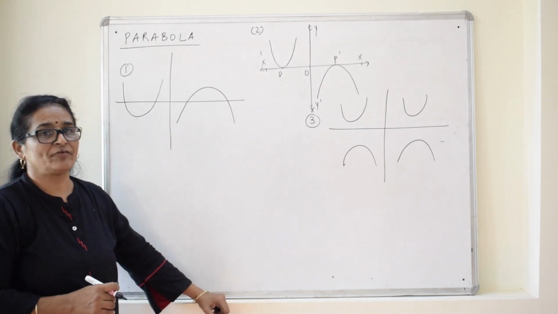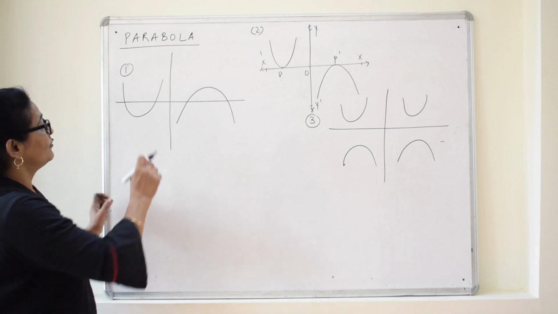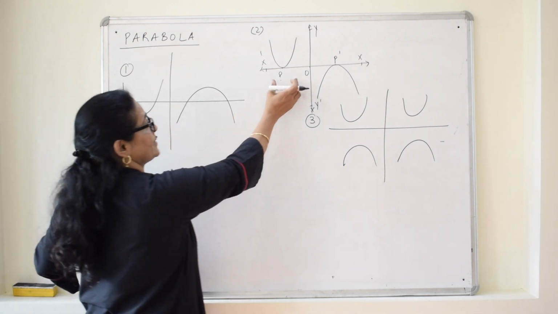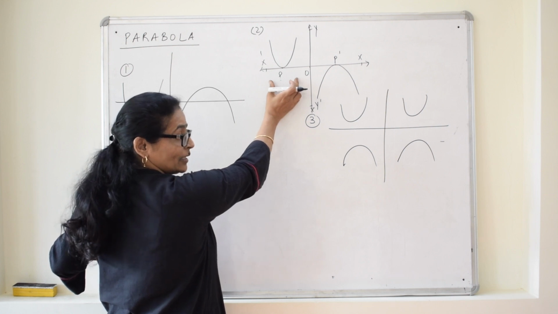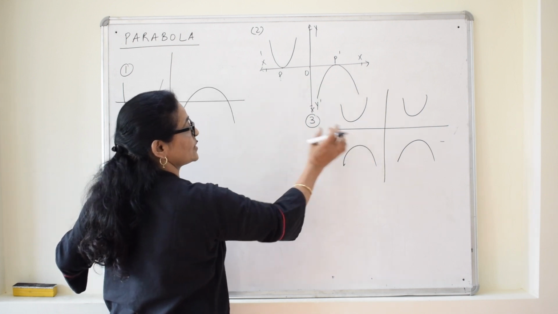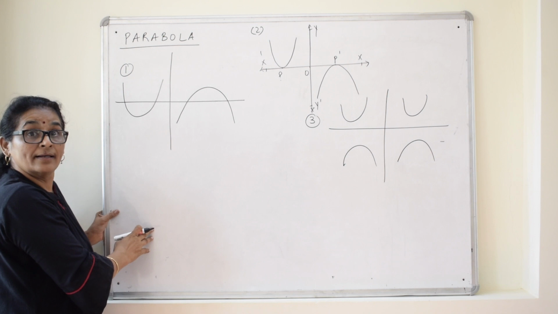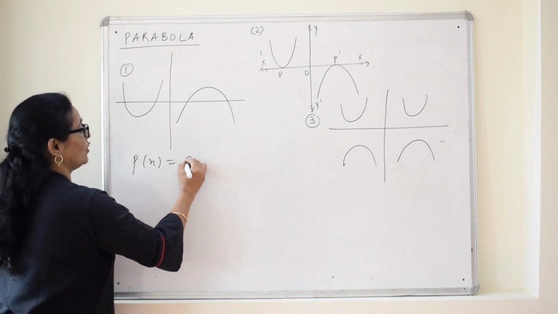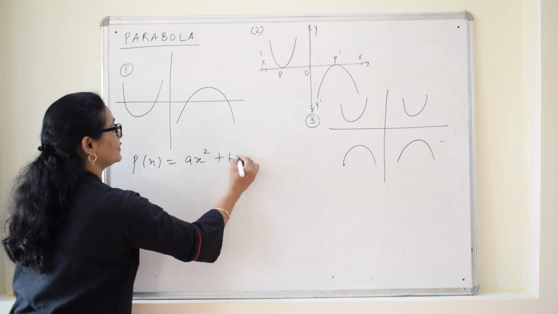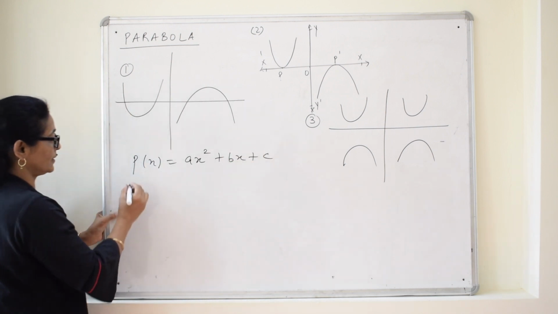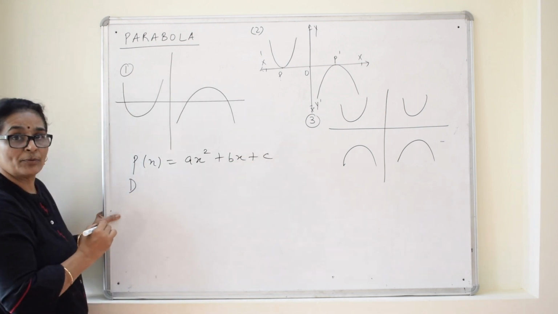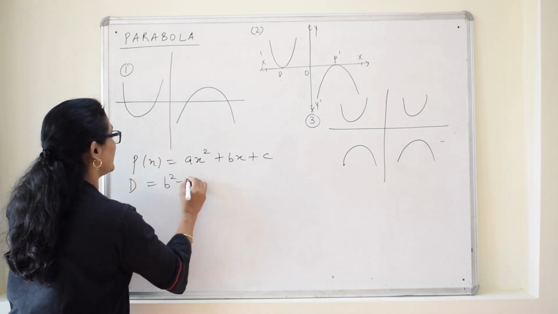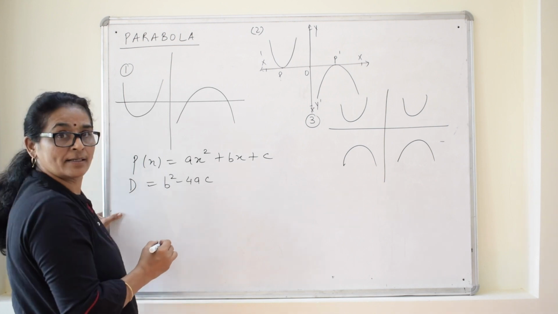There are some specific terms about parabola. First case, the parabola intersects at 2 points. Second case, it touches the x-axis at exactly 1 point, and here you can see it is not intersecting or touching the x-axis. It all depends on a term called discriminant, that is D. The value of D is b square minus 4ac.